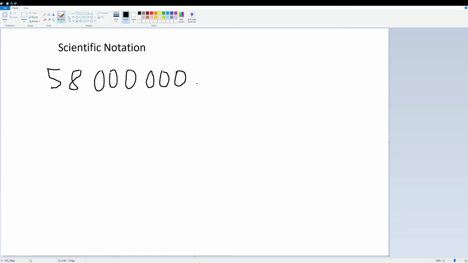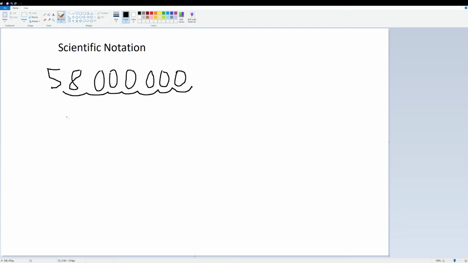Now to turn this into scientific notation, remember, the decimal point is right here, and we're going to move that decimal point over to the left, and see how many times it takes to get it between the 5 and the 8. We move the decimal point once, twice, 3 times, 4 times, 5 times, 6 times, and 7 times. So we move the decimal point 7 times over, and now the decimal point is right here between the 5 and the 8.